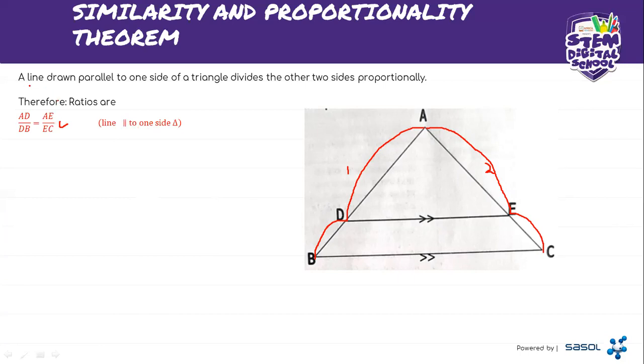Instead of writing the whole sentence, in the exam you cannot write 'a line drawn parallel to one side of a triangle divides...' No, we can use this shorter one. Hence I was emphasizing getting the examination guideline, because it outlines the way in which we can write the theorems in short, right?